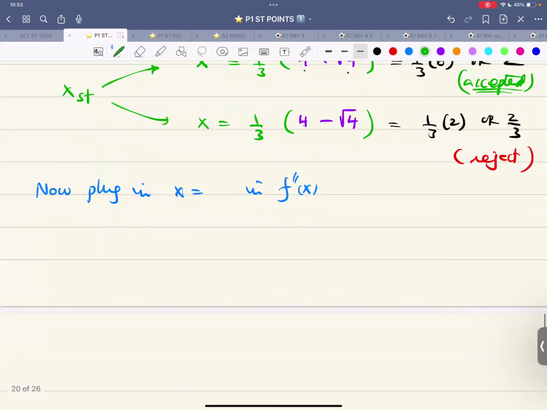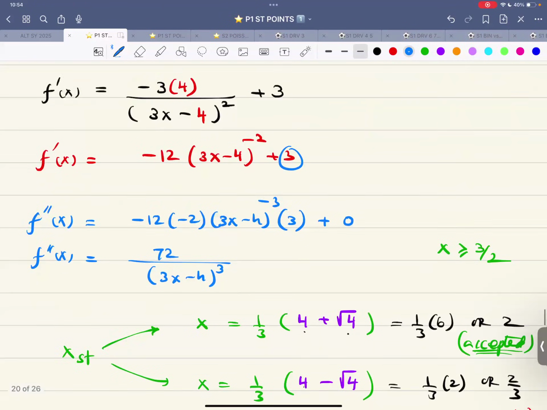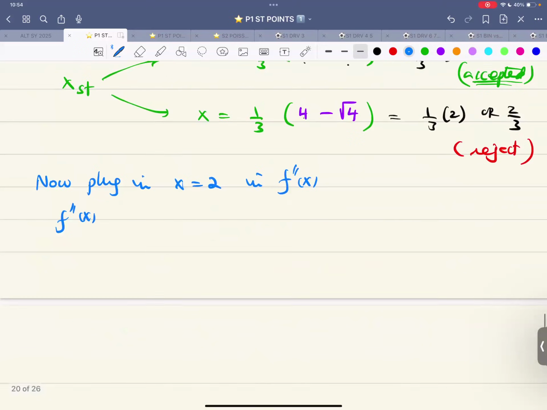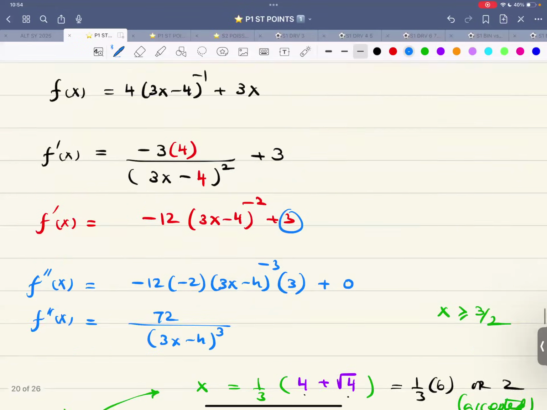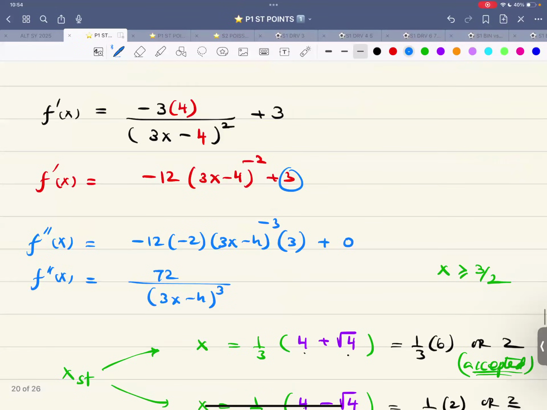Okay, so now f double prime x, x equals 2 in f double prime x. So f double prime x is what? That is negative 12 over (3x minus 4) whole squared plus 3. This plus 3 is becoming 0.